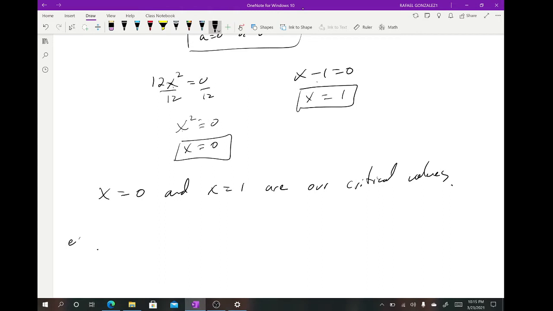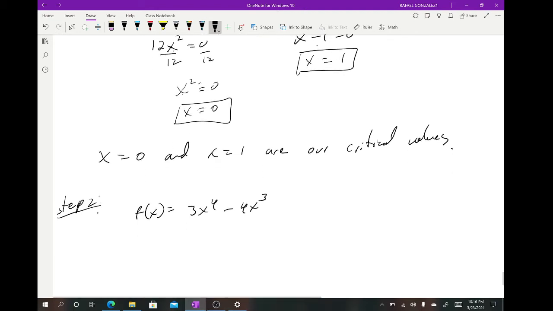Step 2: f(x) = 3x^4 - 4x^3. Now we simply evaluate these numbers at this function.